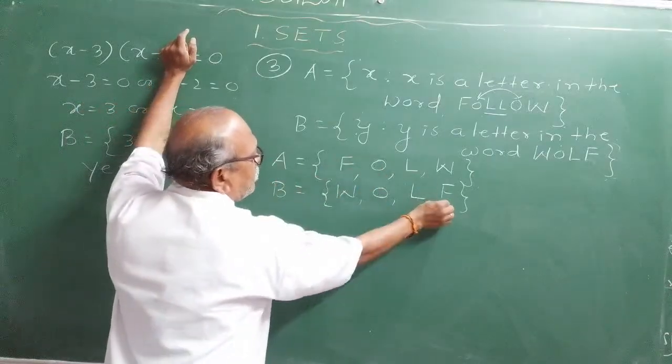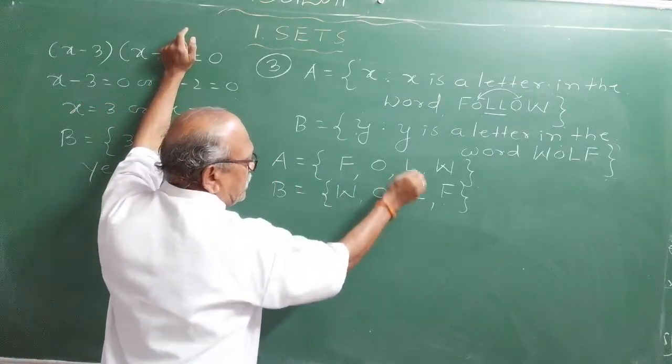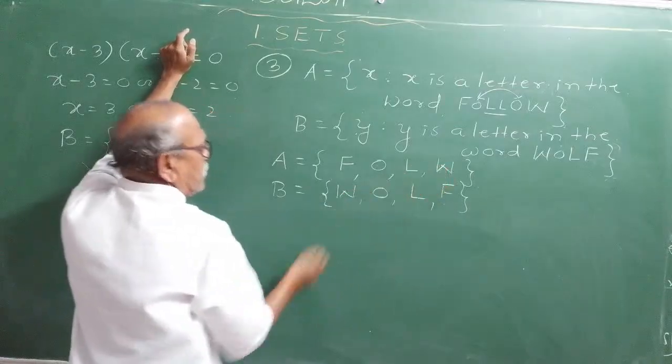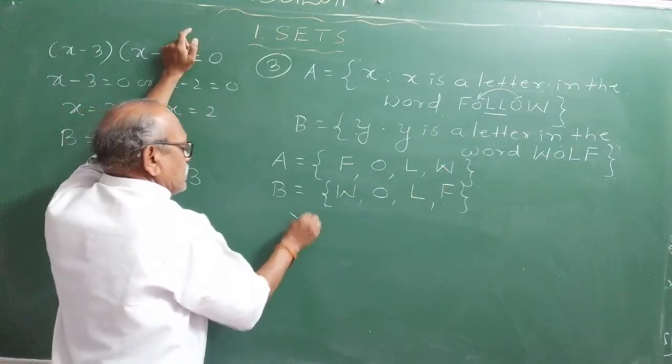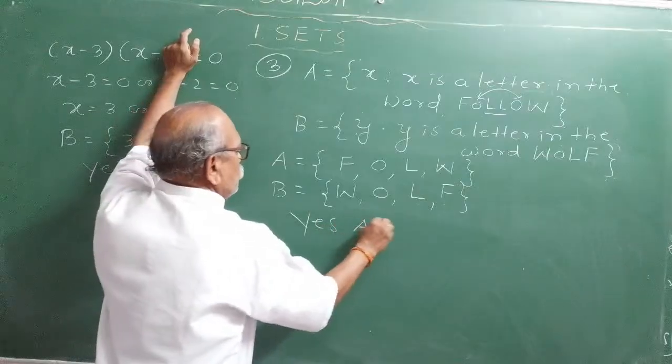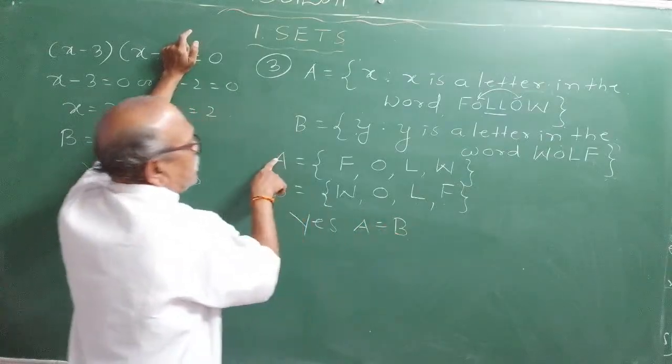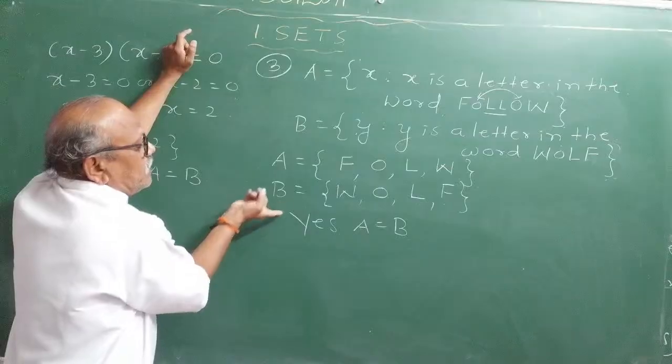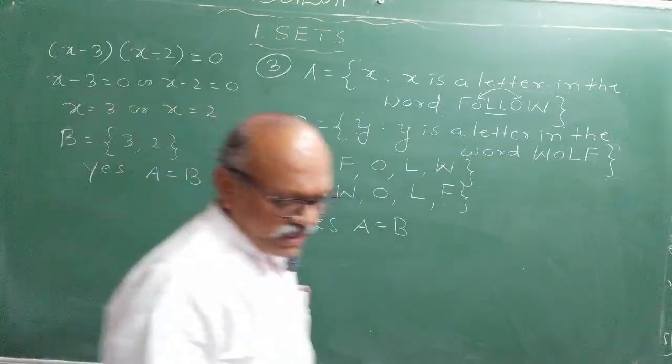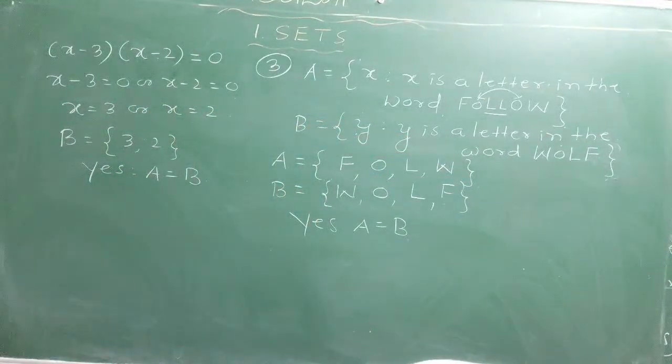F is here, F is here. O is here, O is here. L is here, L is here. W is here, W is here. Yes, A is equal to B. They are equal sets because all elements of A are present in B, and all elements of B are present in A. Then you say that the two sets are equal.